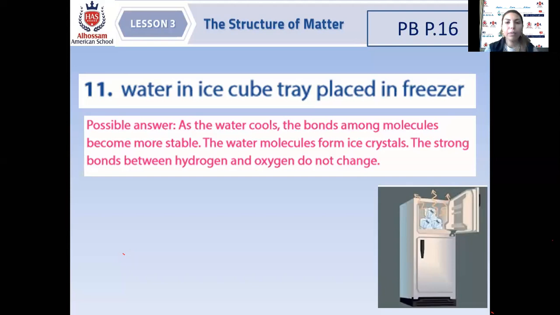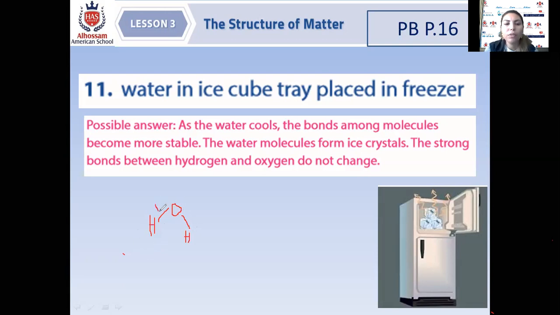So from this, we can conclude that we have two types of bonds in the water molecule. The first one is between hydrogen and oxygen in one molecule, and this bond is very strong. You can write this structure with me now.